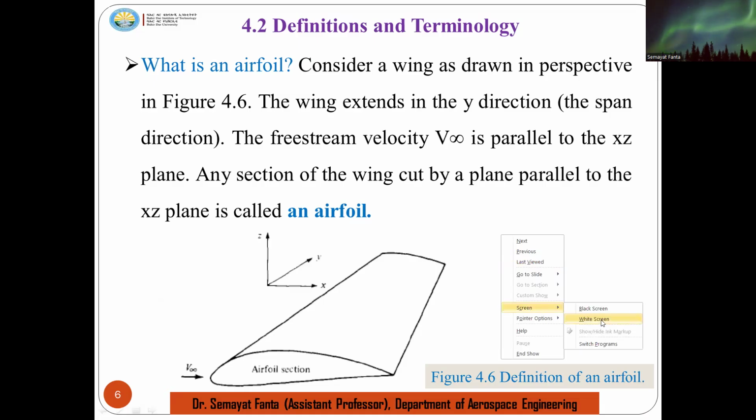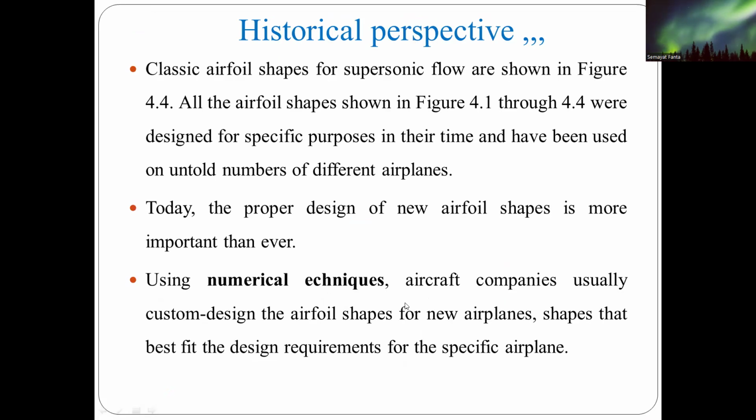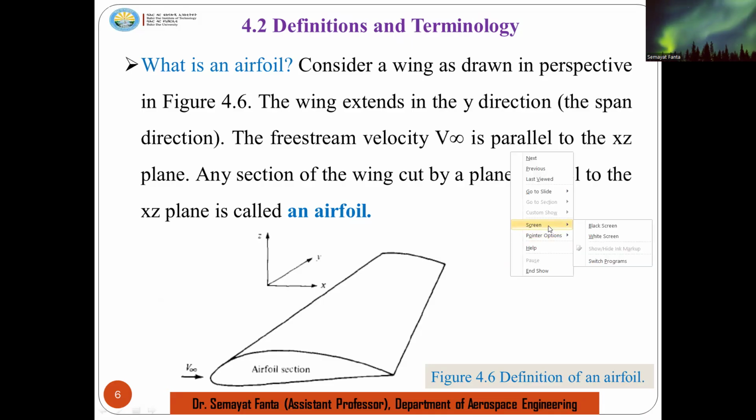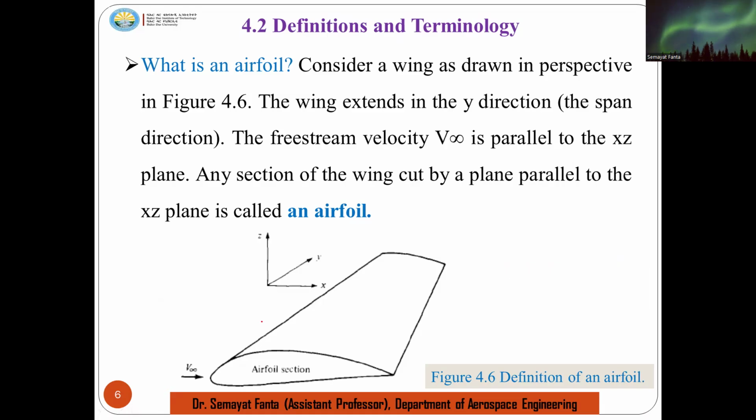So let me provide a cross-sectional hatch for this wing cross-section actually. If we cut any section here, what we can observe is the shape, which is aerofoil, like this is the aerofoil shape here.